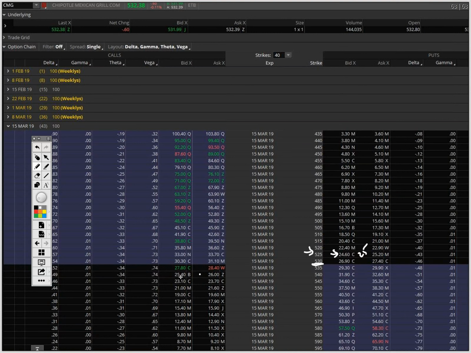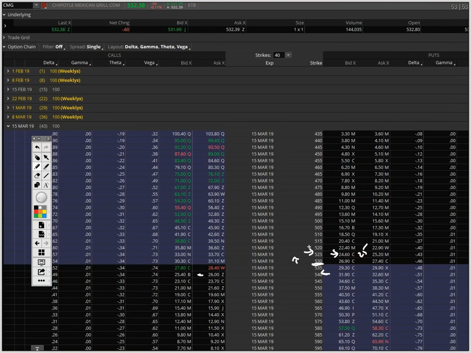And we could easily say that the market is slightly further down there, but you can see that there is call skew here. They're equal distance away. The 540 strike and the 525 strike are equal distance away from where the underlying is currently trading, but the calls are more expensive. That's where we see that skew.